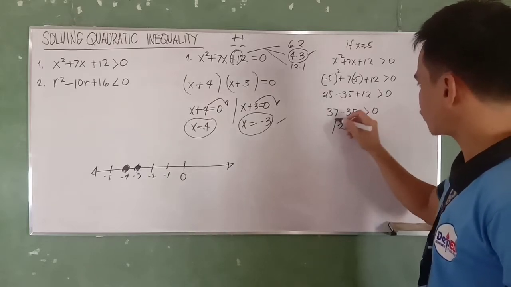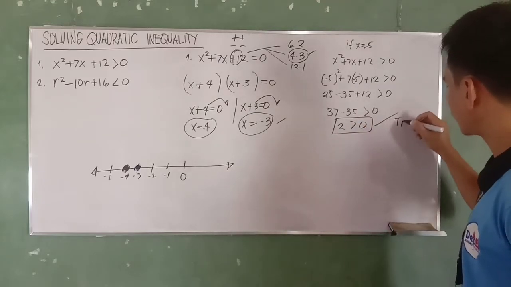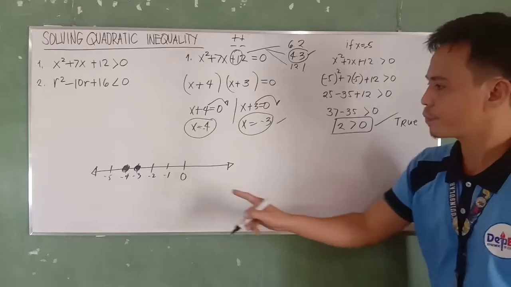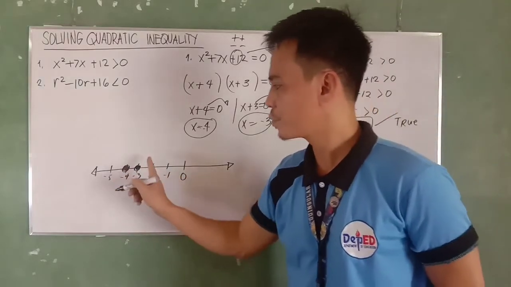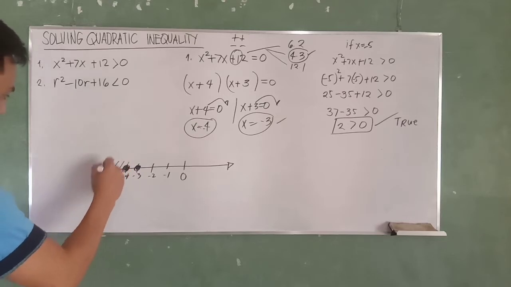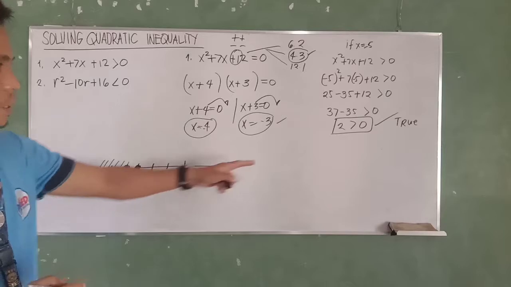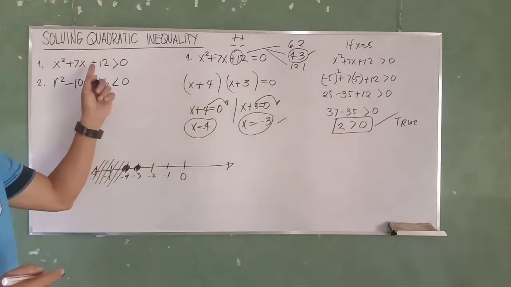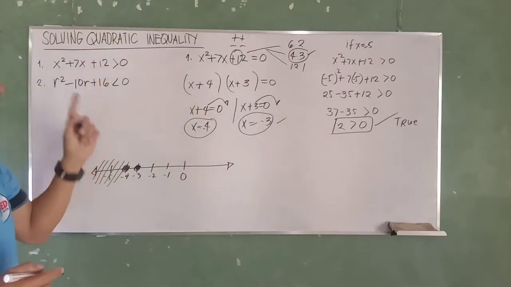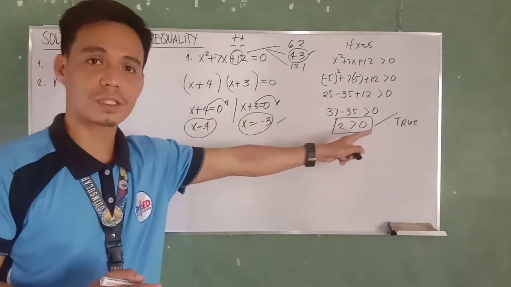So 2 is greater than 0. True? Very good, this is true. Therefore, negative 5 in this part is a solution, because it satisfies the original given inequality, which is greater than 0. 2 is greater than 0.